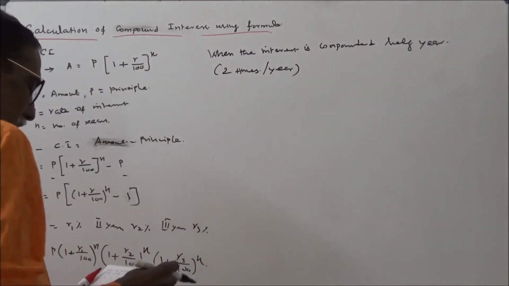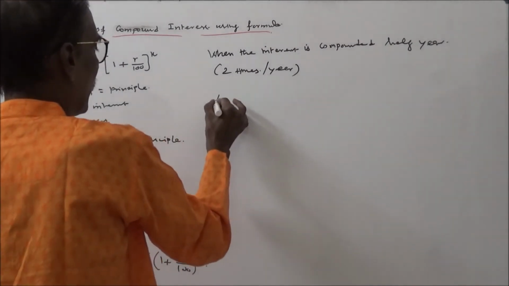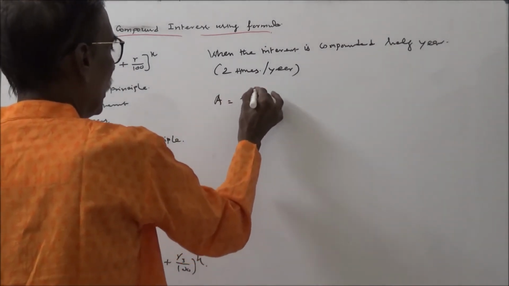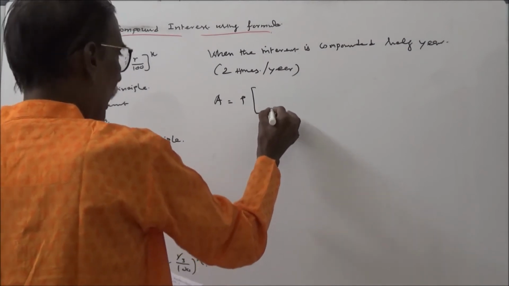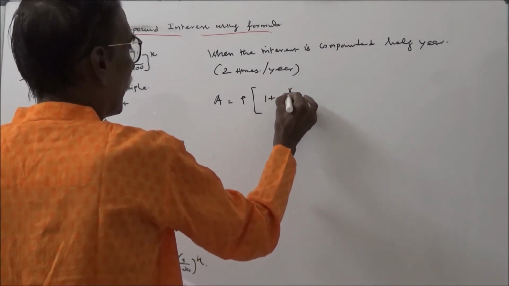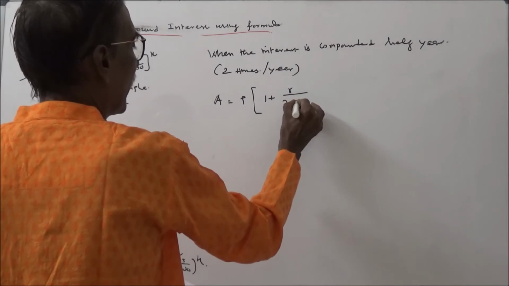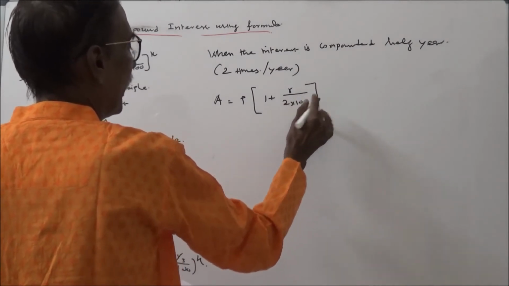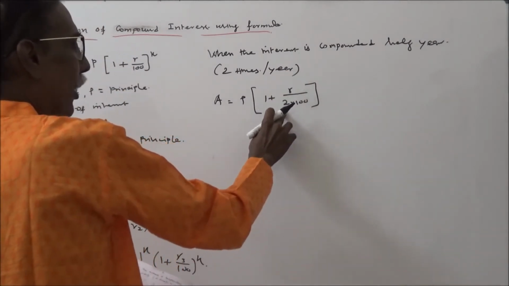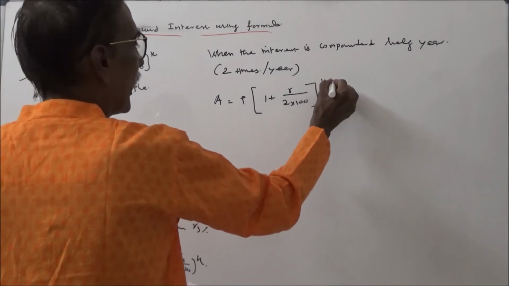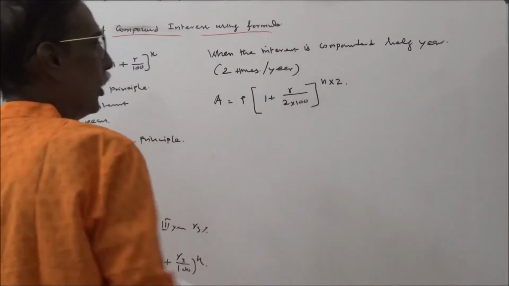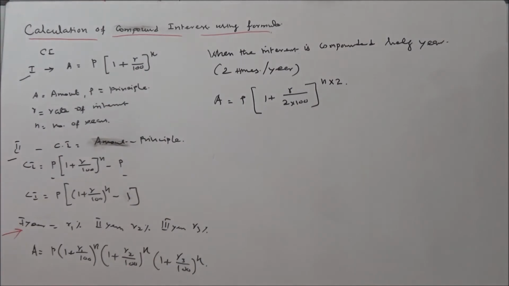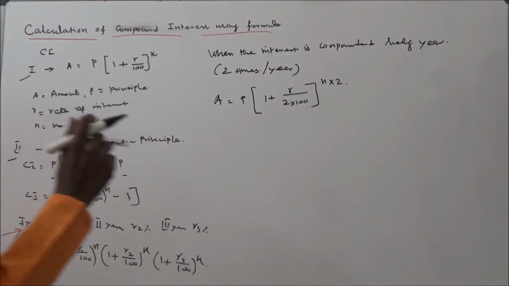So again, how to calculate? A is equal to P into (1 plus R by 2 into 100) to the power of n into 2, that is, interest divided by 2 and number of years multiplied by 2. So that is the way you have to calculate if the interest is compounded half yearly.